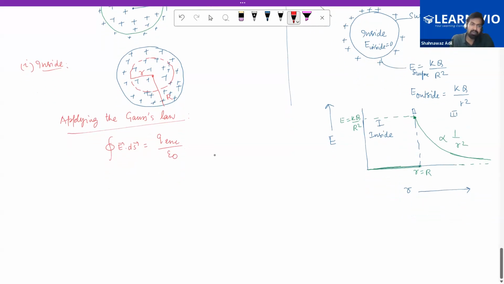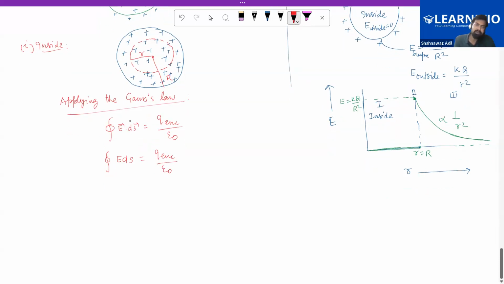And now we are talking about this Gaussian surface. Because the electric fields are going radially, and we are also taking the surface area radially, both of them have the same direction. So this will become simply E dS, a surface integral, equal to Q enclosed by epsilon.